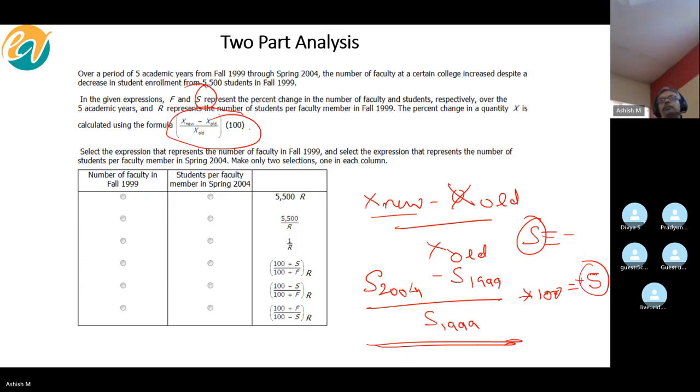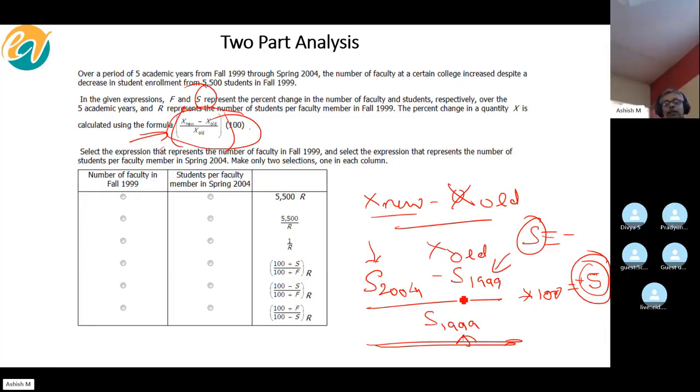Clear, Pradyumna? Yeah, clear, but I'm not very convinced by this. We have to stick to the formula which is presented to us. So x new minus x old divided by x old is the percentage change, which is S. But when you talk about a decrement in percentage, this formula also becomes x old minus x new by x old, right?